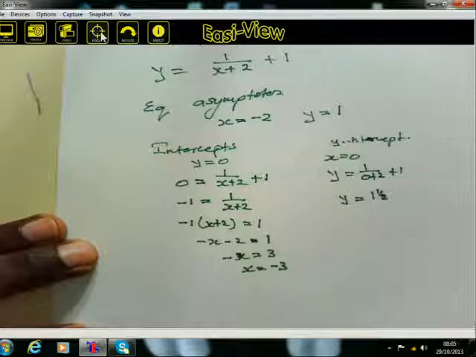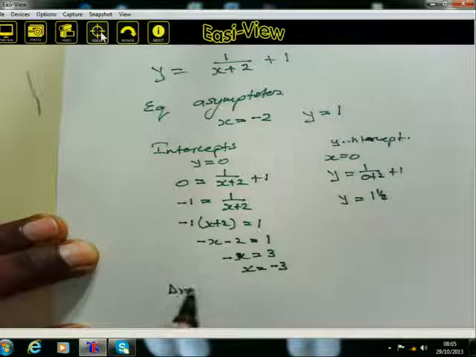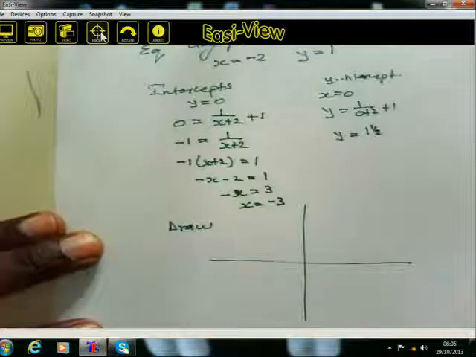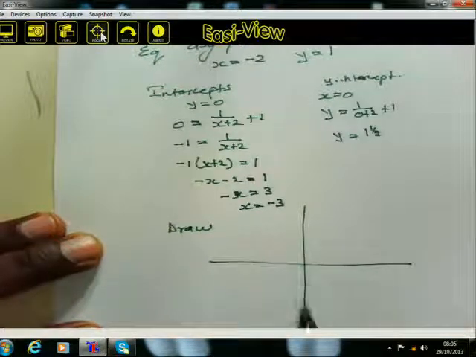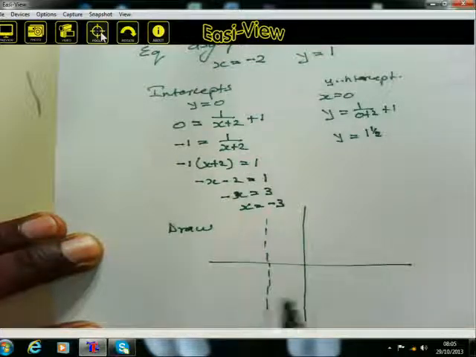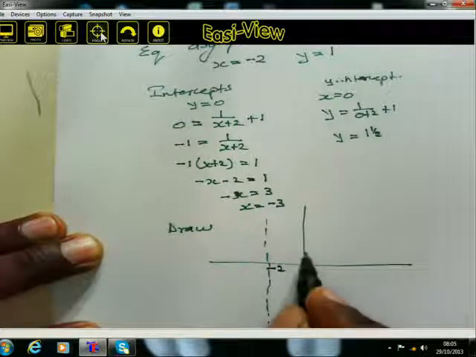the other thing that we have to do is to draw. And then, how do we draw it? We first start with the asymptotes. X is -2. Sorry. And then y is 1.